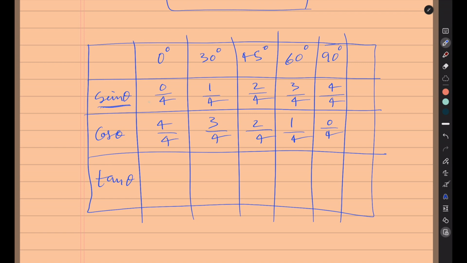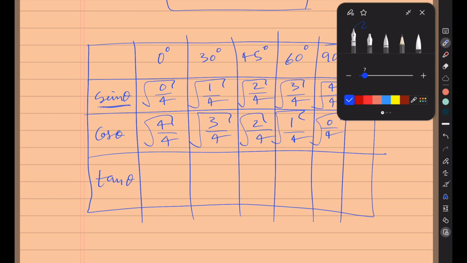Then just take the square root of everything. Now we have got all the values of sine theta and cos theta: sine 0 degree, sine 30 degree, sine 45 degree, cos 60 degree, cos 90 degree, everything.